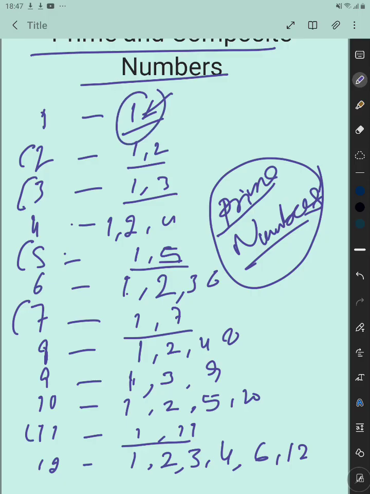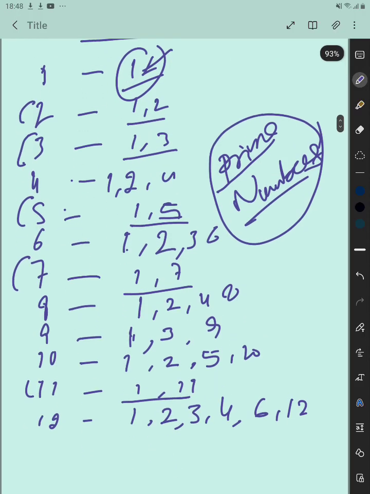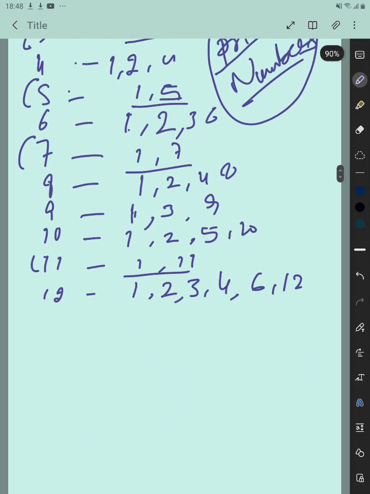So we start with this terminology, and we will go on with other numbers. The numbers other than 1 whose only factors are 1 and the number itself are called prime numbers. Other numbers are called composite numbers.